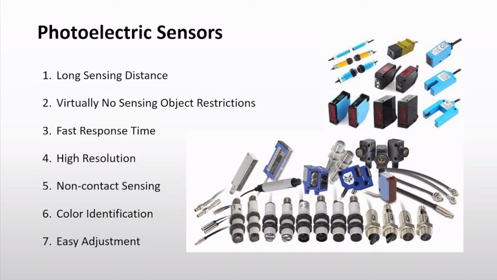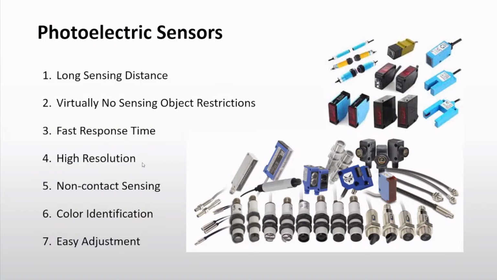The next one is fast response time. You know that a light beam travels fast, therefore it has a fast response time. That means if there is any change in the object, it is suddenly detected by the receiver, that is, by the photoelectric sensor. The next one is high resolution.